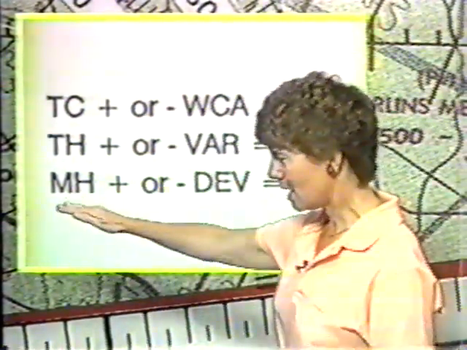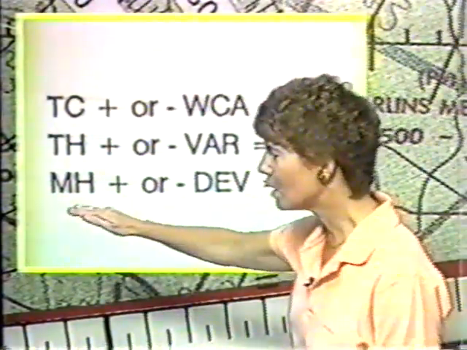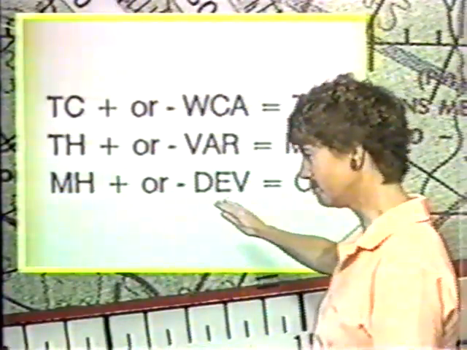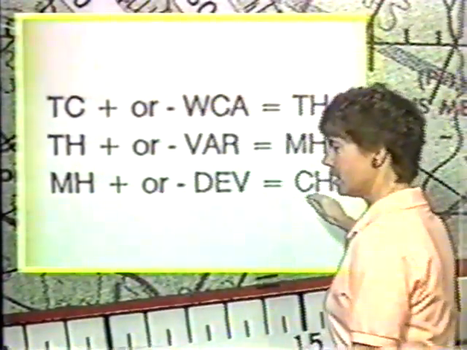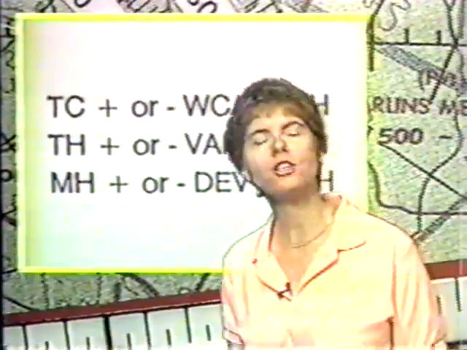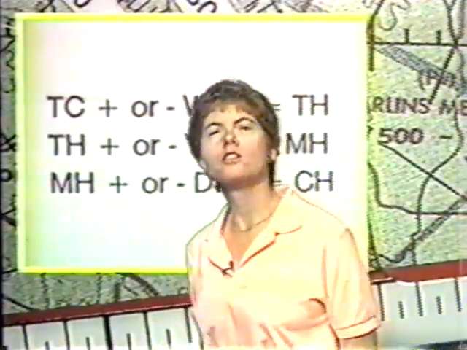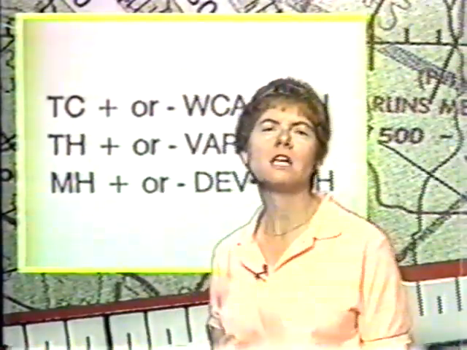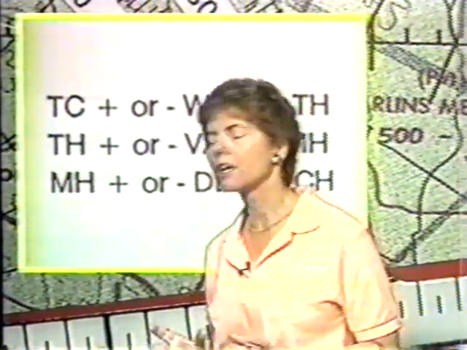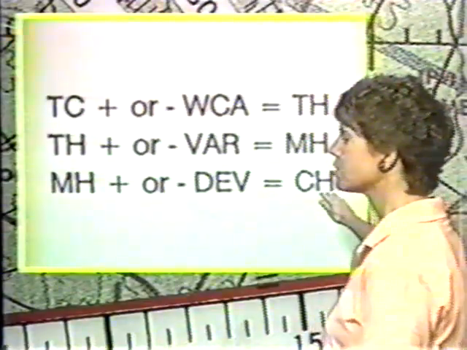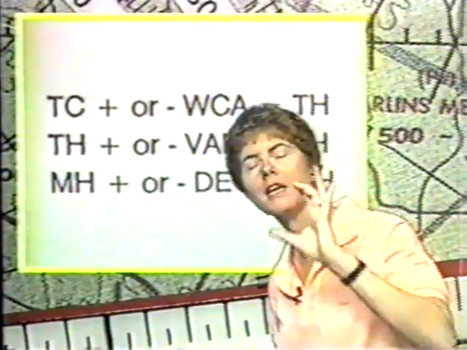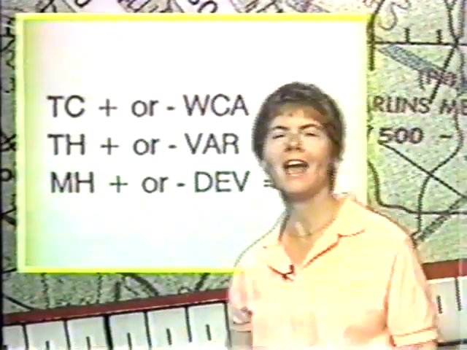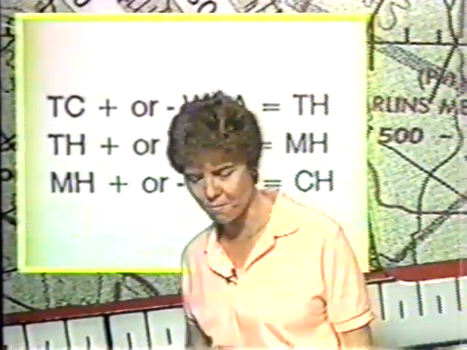You take the magnetic heading, which is the heading you want to fly, and then you apply the compass deviation in order to come up with your compass heading. Deviation is the correction because of errors in the compass due to the magnetic fields in the aircraft itself. And the compass heading tells you what you're actually going to have to put in the glass of the magnetic compass in order to fly the heading that you want to fly and get to your destination airport.